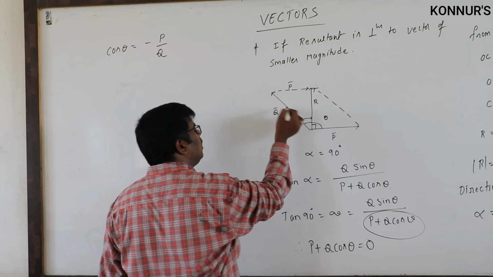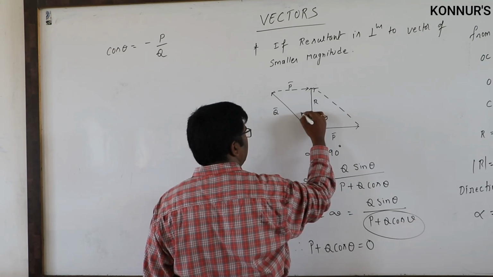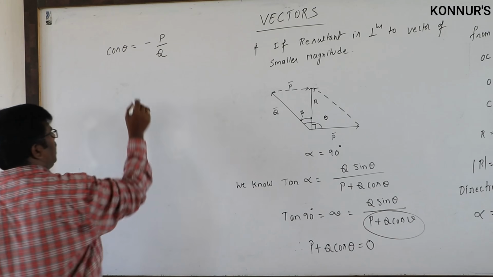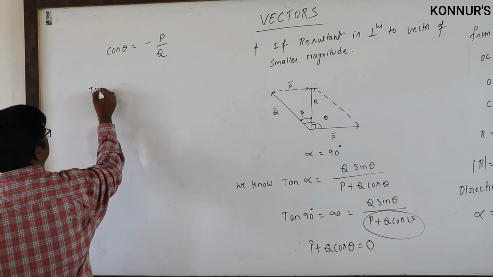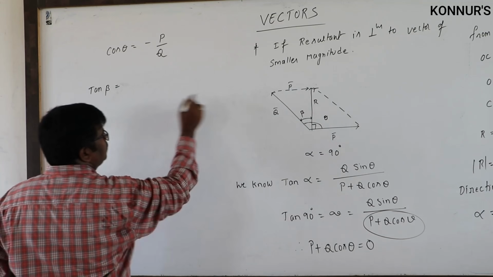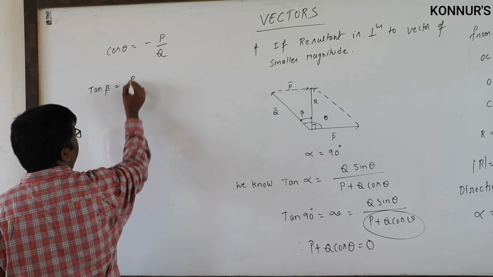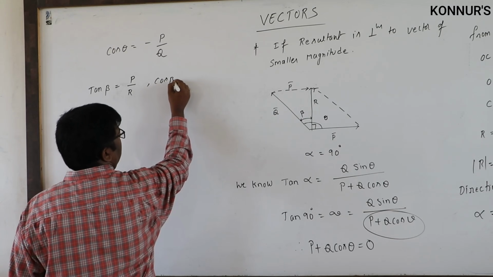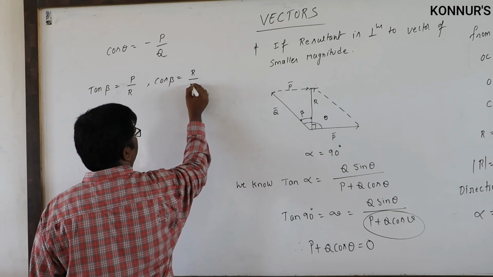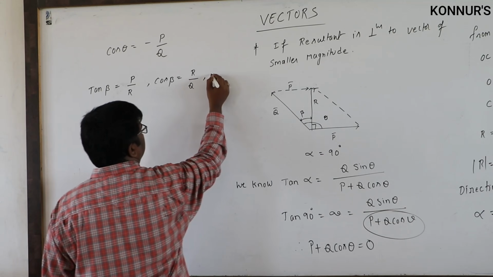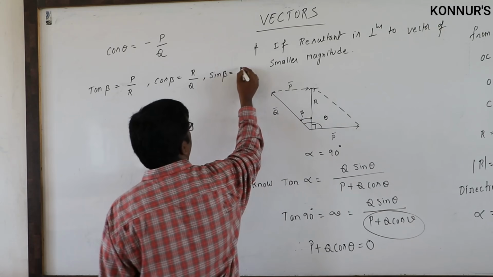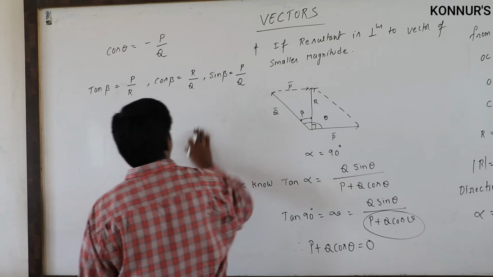Or else we can also define, if you take alpha as the angle the resultant makes with q, call it beta. What is tan beta here? Tan beta equal to magnitude of p by r, or else cos beta equal to magnitude of r by q, or else sin beta equal to p by q, like this.